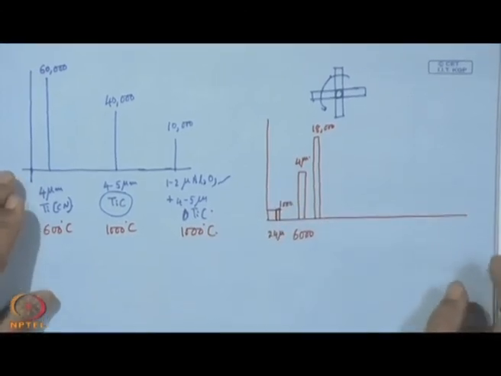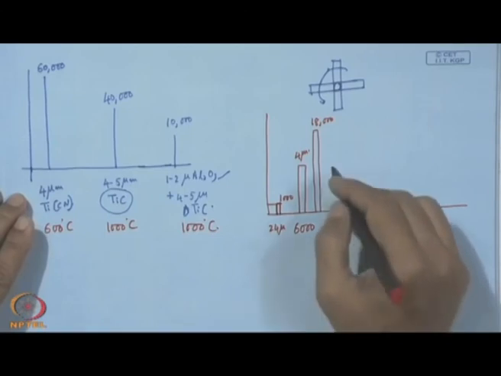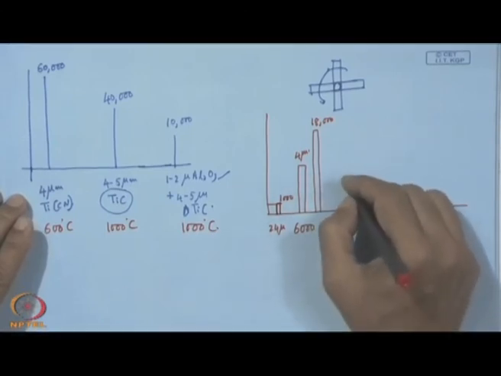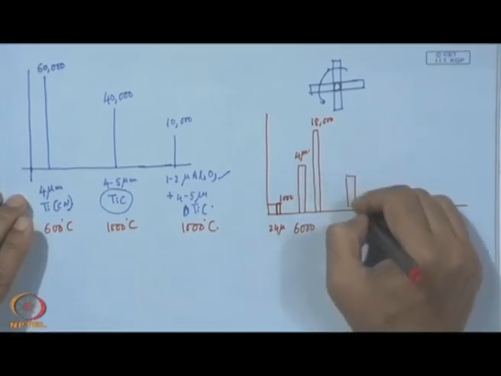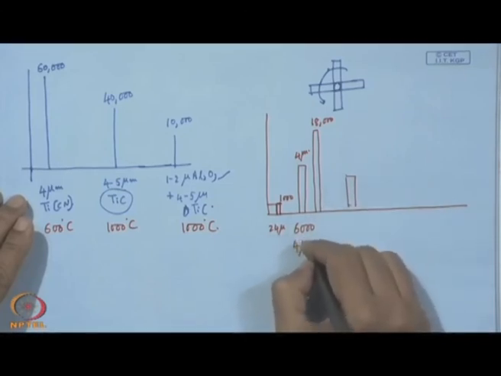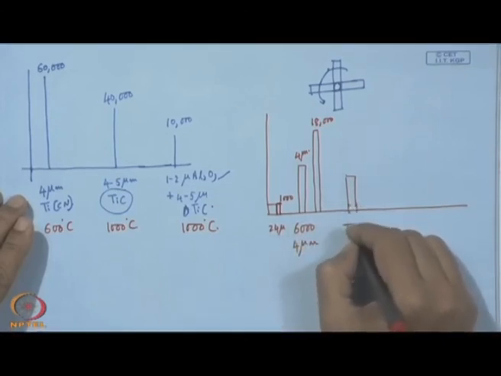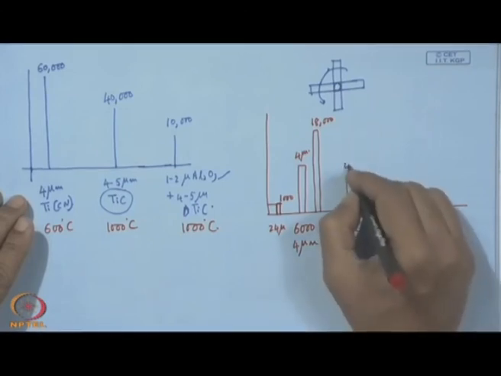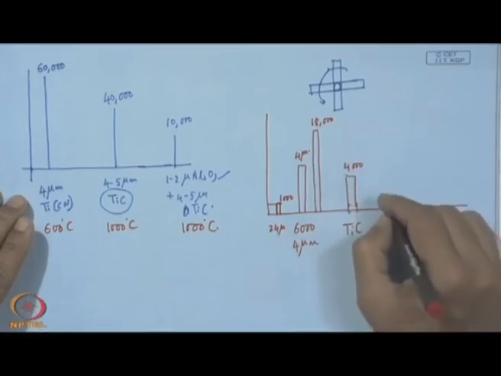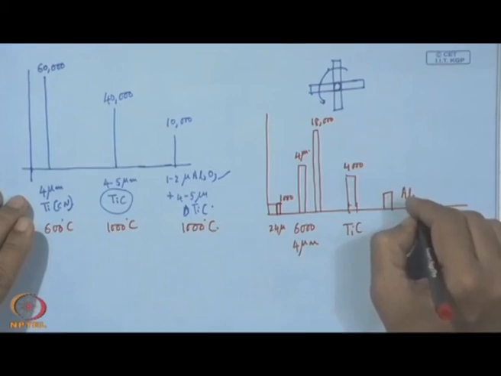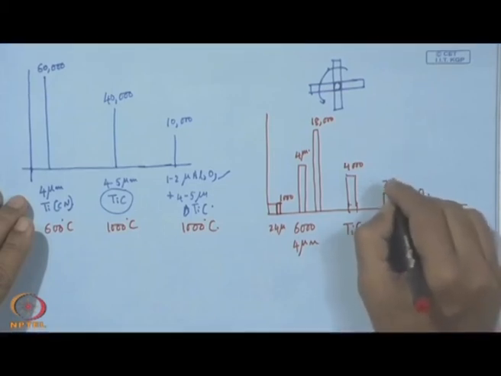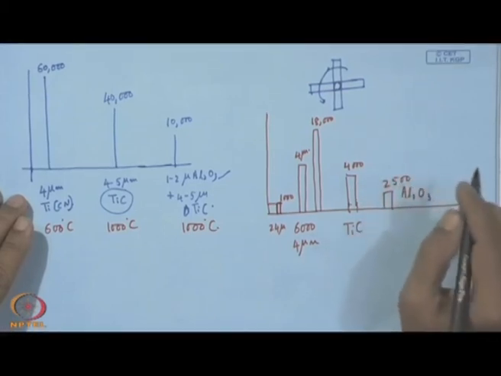But when it is an aluminum titanium carbide coating, this is 4 micron and this is TiC, that is also 4000 impacts, and when it is aluminum oxide, it is actually 2500 impacts.